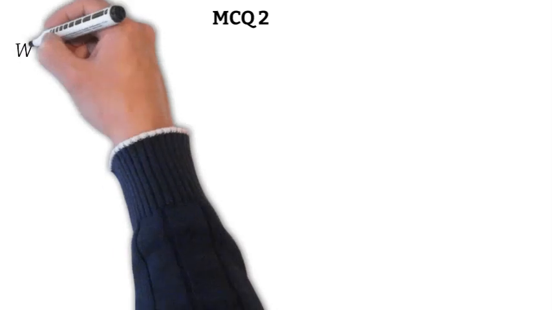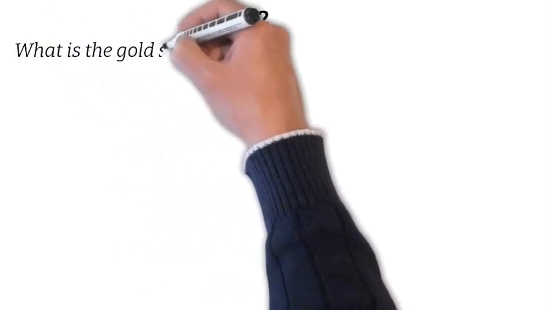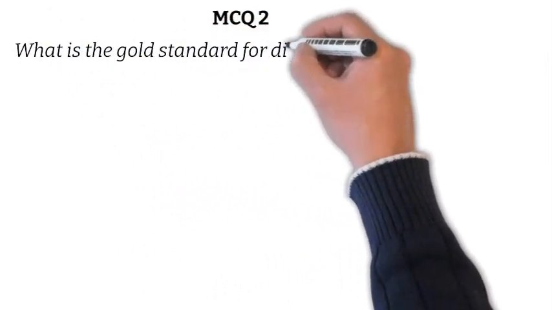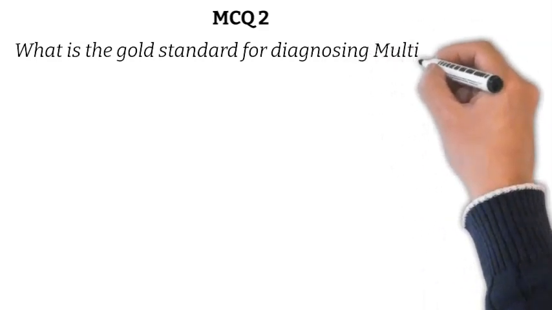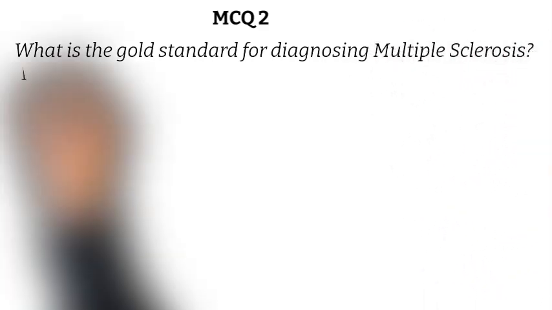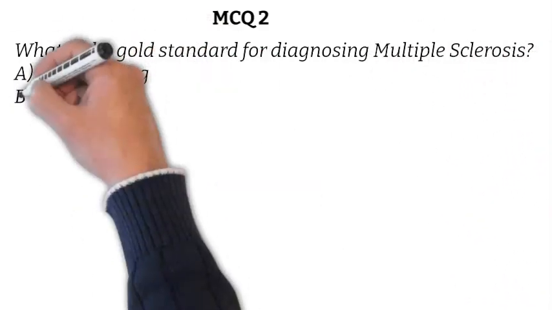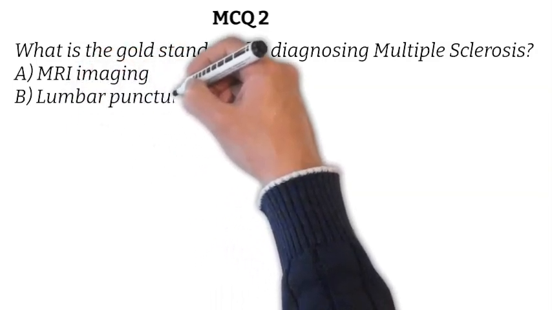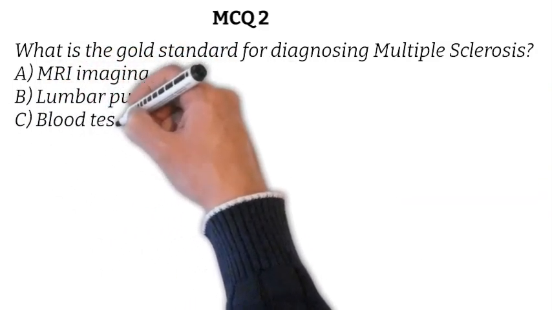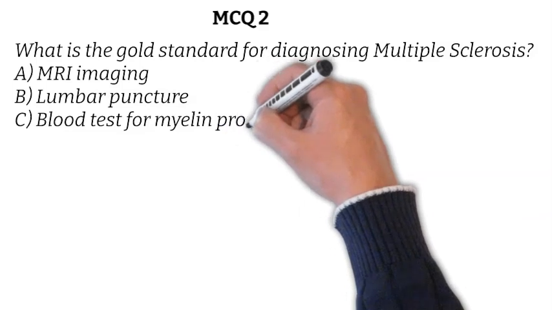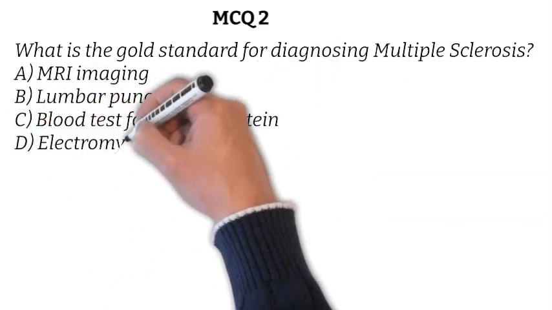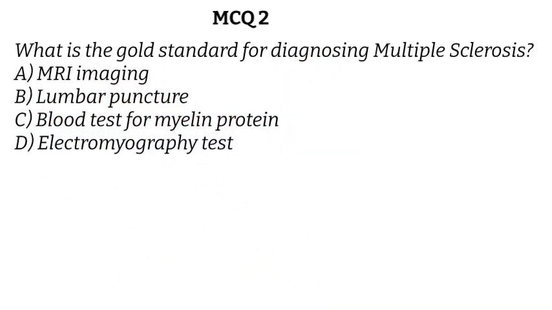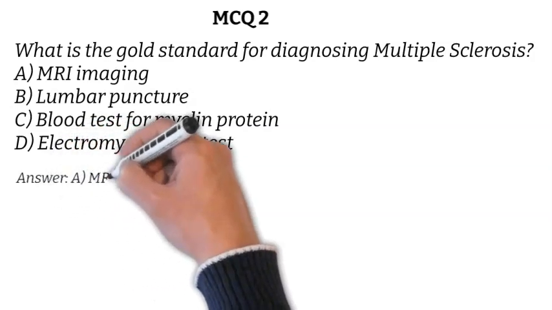Let's do another multiple choice question. So what is the gold standard for diagnosis of multiple sclerosis? MRI, lumbar puncture, blood test for myelin protein, electromyography. We all know this.